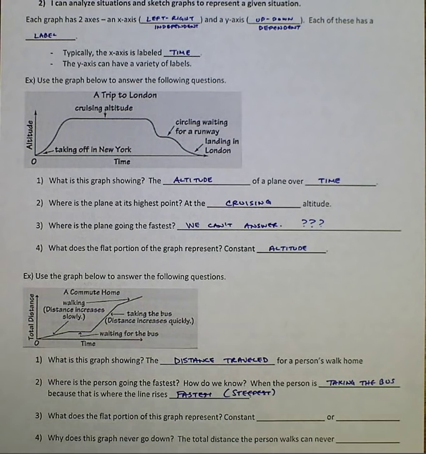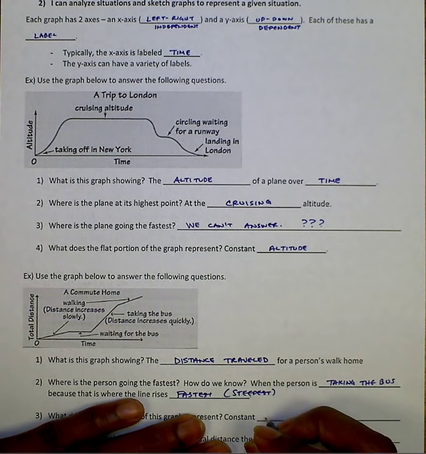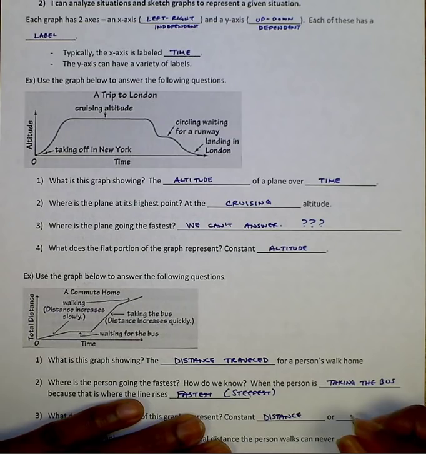What does the flat portion of the graph represent? We can say that's a constant distance. So his distance traveled has stayed constant, or in more normal terms, him staying still, staying in one place, not moving.